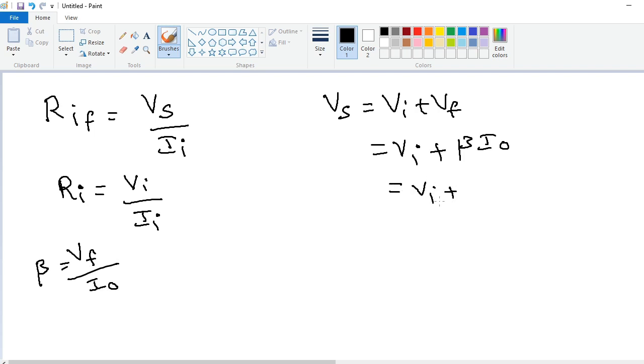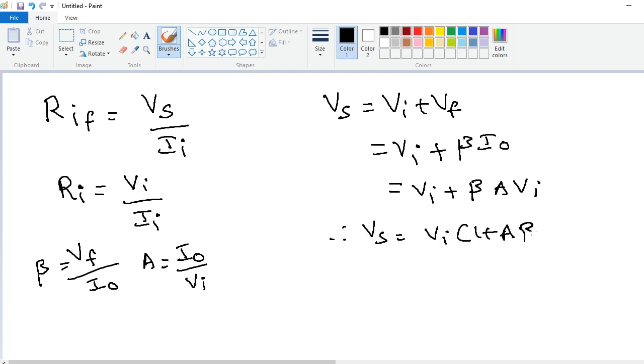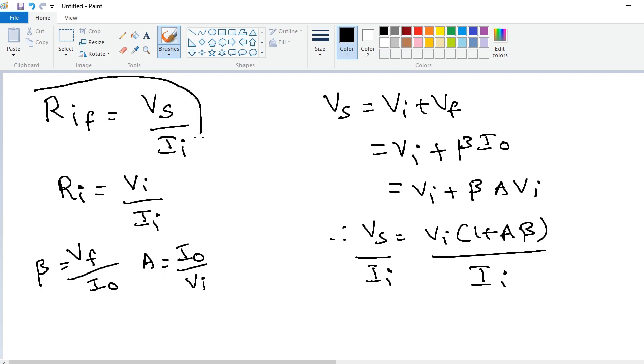Again, we know that amplifier gain is equal to I naught divided by Vi. So I naught is equal to A into Vi. So therefore Vs is equal to, here Vi is taken common, we'll get 1 plus A beta. So both LHS and RHS are divided by Ii. So Vs by Ii is equal to RIF.